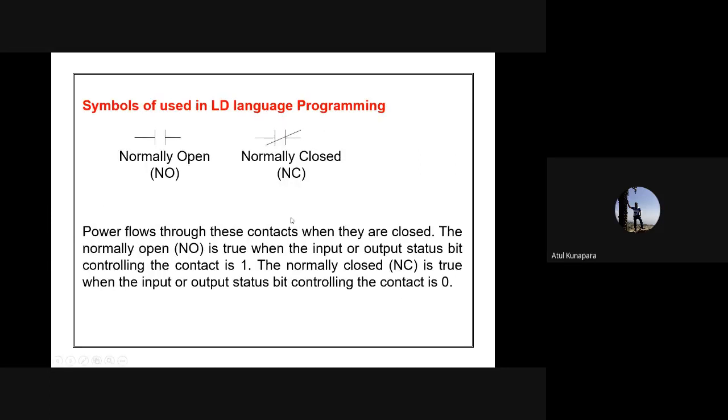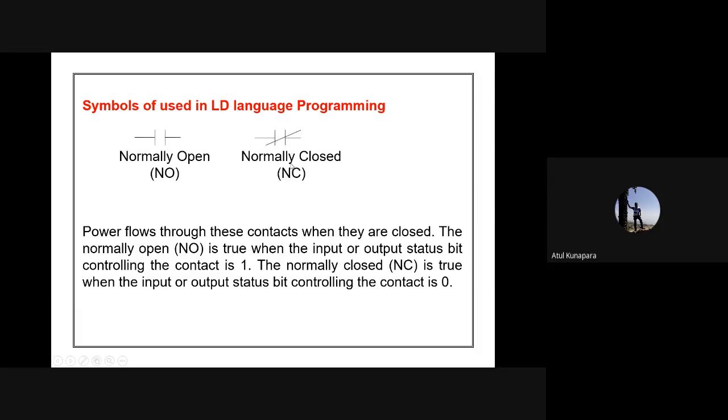Now, if I talk in detail about ladder language, in ladder programming of the PLC we have different symbols for different types of tasks. A normally open contact is used for representing a normally open contact of a relay, then a normally closed contact of the relay.